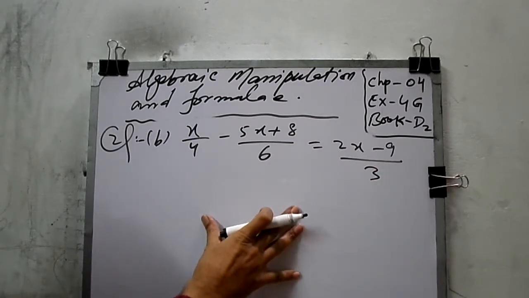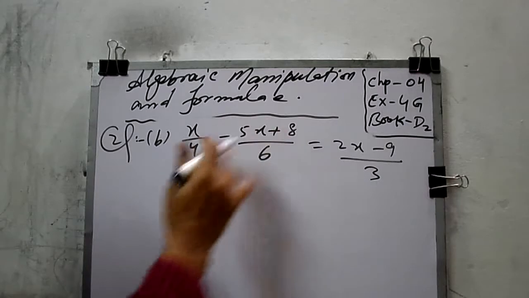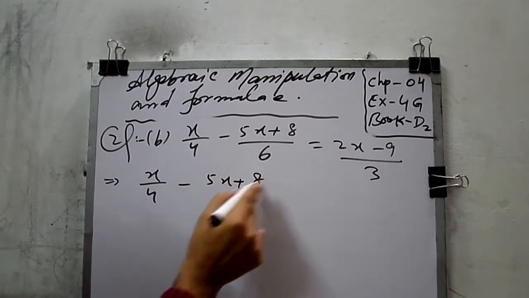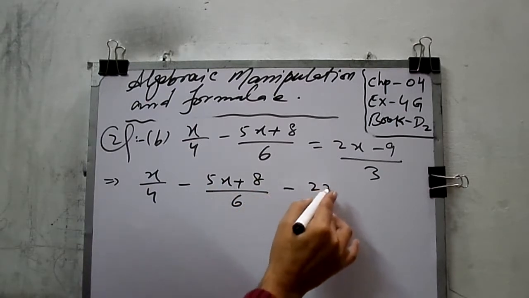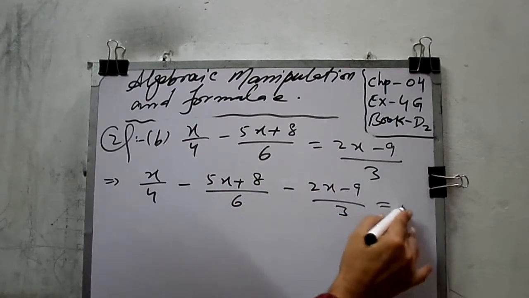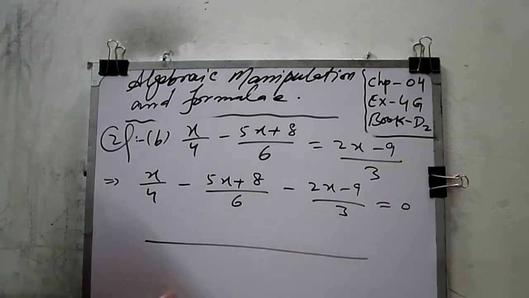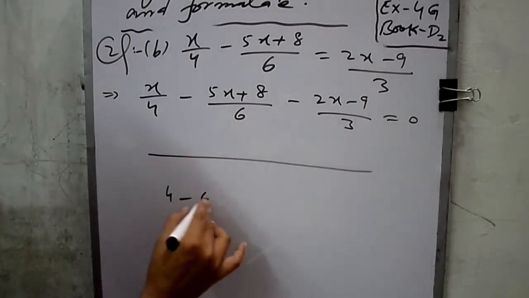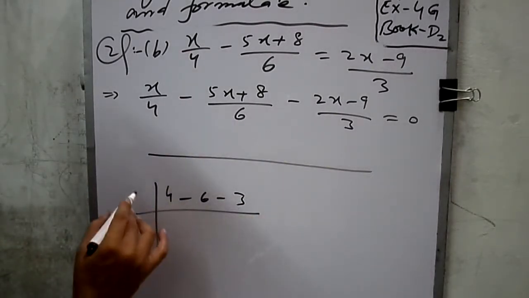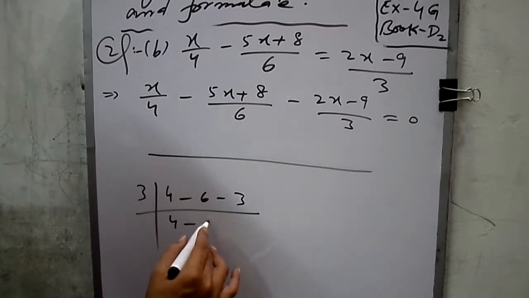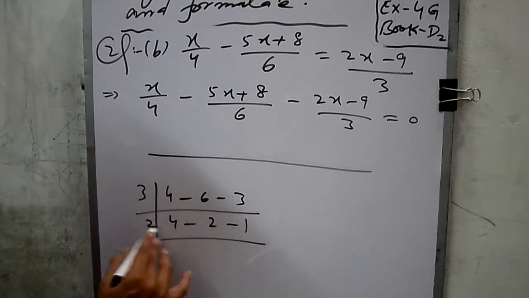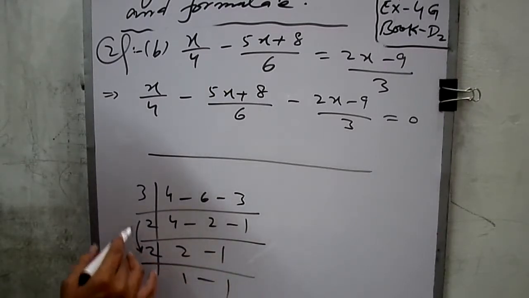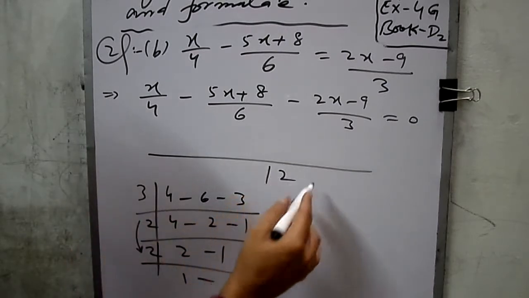So first of all you have to shift this, so this implies that x by 4, 5x plus 8 divided by 6, so minus 2x minus 9 divided by 3 is equal to 0. Now take the LCM. So what is the LCM of, just for example, 4, 6, 3? Taking LCM 3, that is 3 2s are 6, 2 2s are 4, 2 4s are 8, 4 3s are 12, so 12 is your LCM.